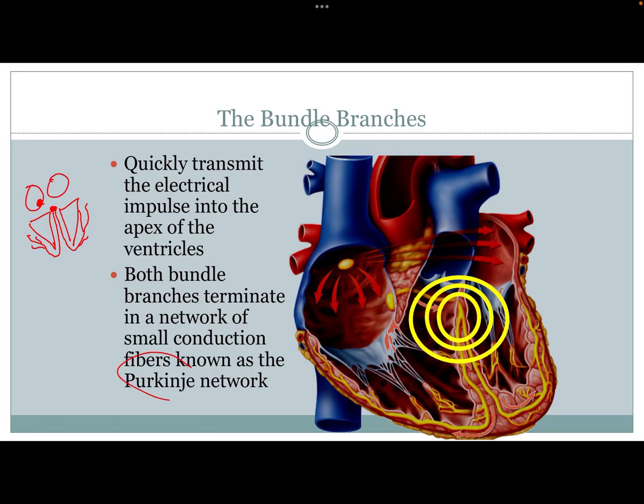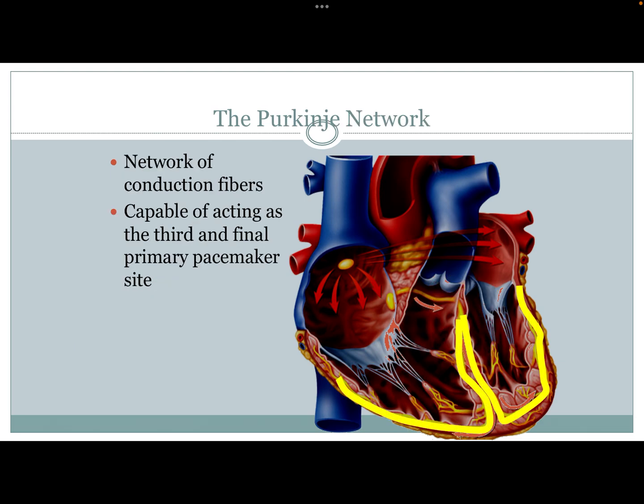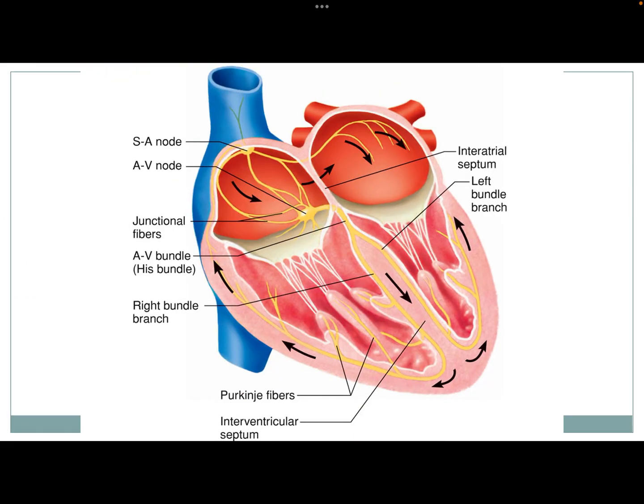Those Purkinje fibers are your final destination. They are the last chance your body has to save itself. They beat at 20 to 40 beats per minute. Third and final primary pacemaker site. Okay. So just another picture to show you how that electricity travels.